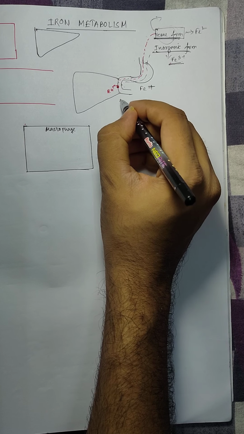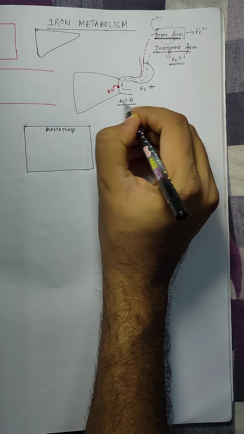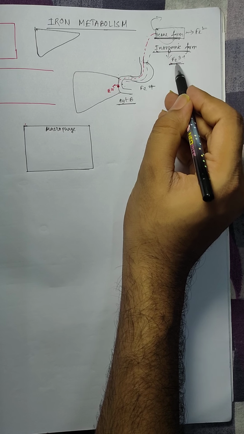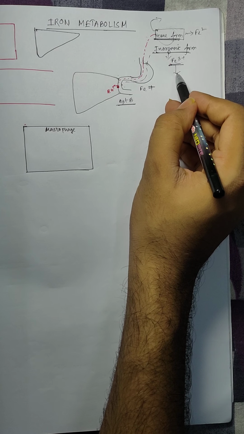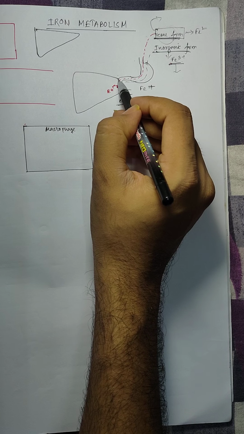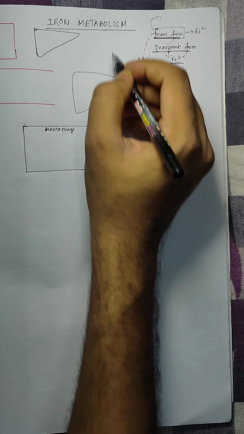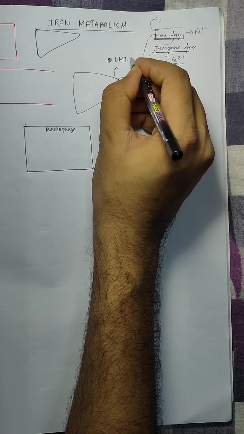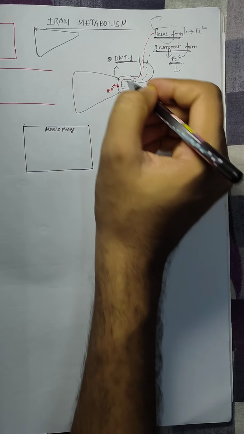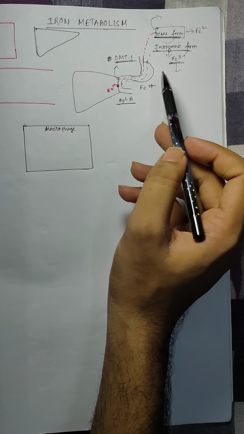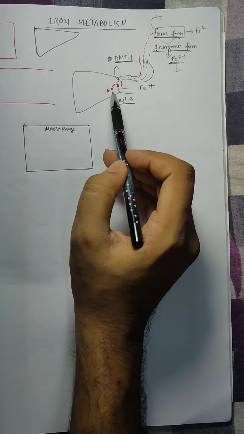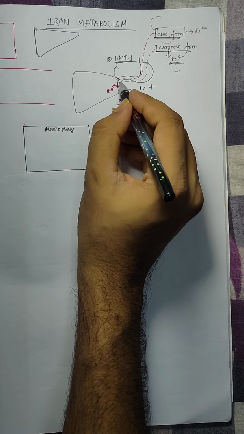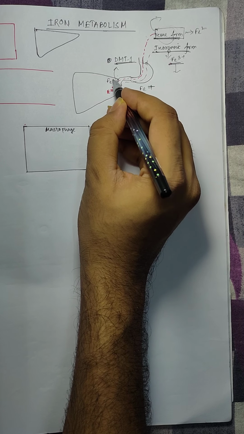The enzyme is also known as cytochrome B. So this enzyme causes the Fe3+ to convert to Fe2+, and then another transporter known as divalent metal transporter 1 helps in the transport of the Fe2+ from the duodenum into the enterocyte. Okay, so finally it comes here, Fe2+.